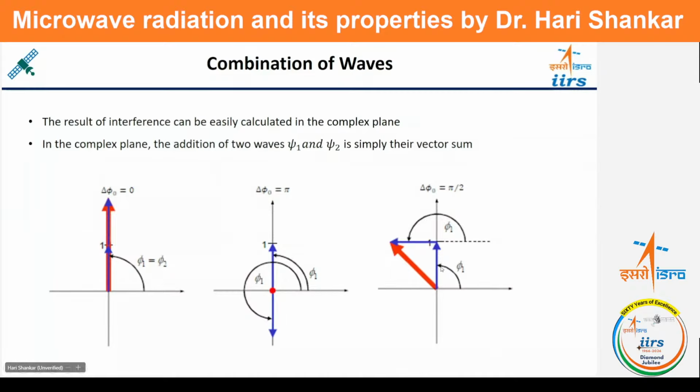Here you can see this is the first signal, this is another signal, but the phase difference between them is pi by 2. So this is one vector, this is another vector. From this tail to this arrow, we can draw a vector, which is called the resultant vector. So we can understand the strength of the resultant signals.